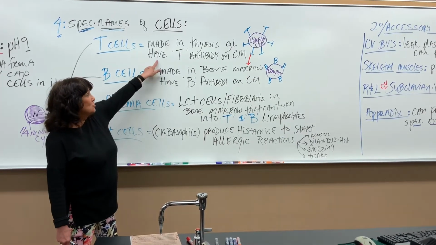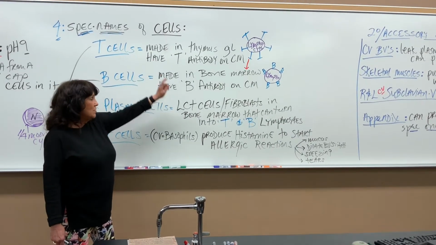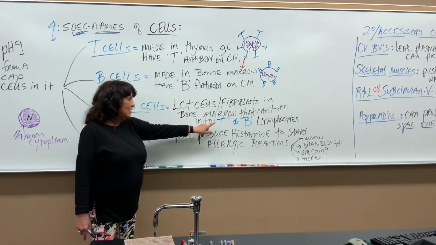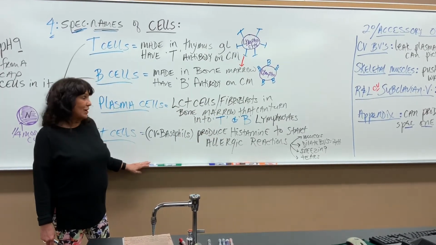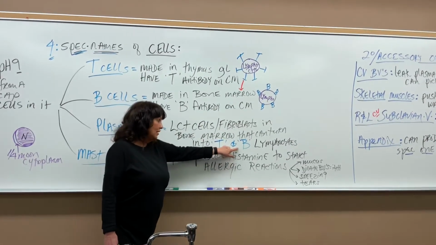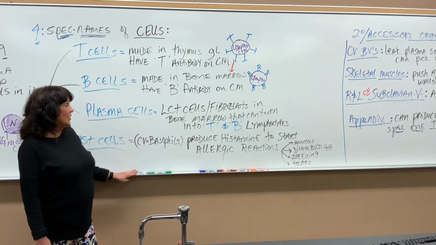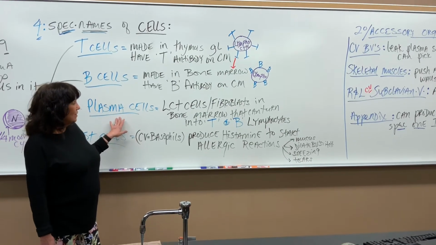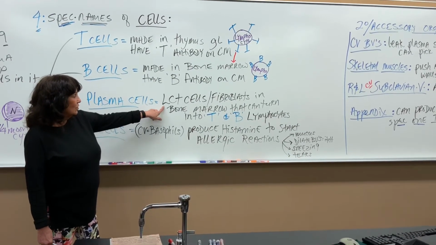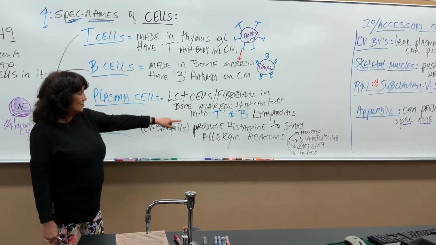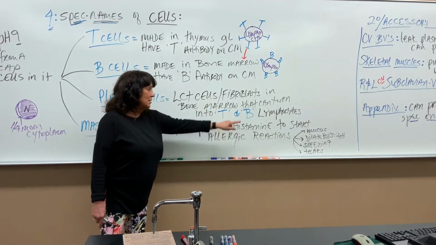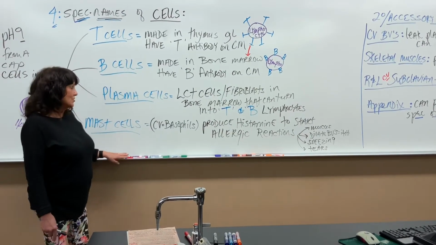Because once you lose your thymus, then the bone marrow takes over and makes these T antibodies, right? But they also make their own antibody called the B antibody and put it only on the lymphocytes, right? So the plasma cells are going to differentiate into lymphocytes with the T or the B antibody to fight diseases, right there.